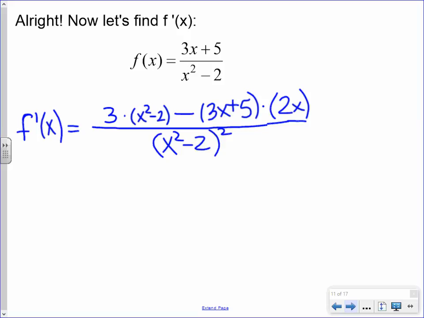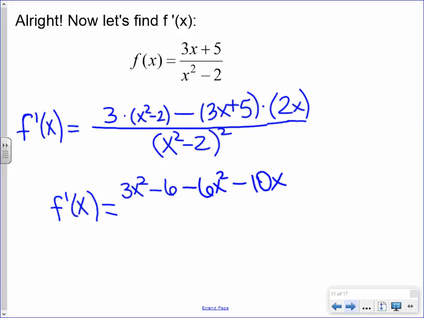Okay? Now, our numerator, could we maybe make that look prettier? Yes. We probably can. Let's do that. If we distribute the 3, we have 3x squared minus 6. If we distribute the minus and 2x, we get minus 6x squared minus 10x.